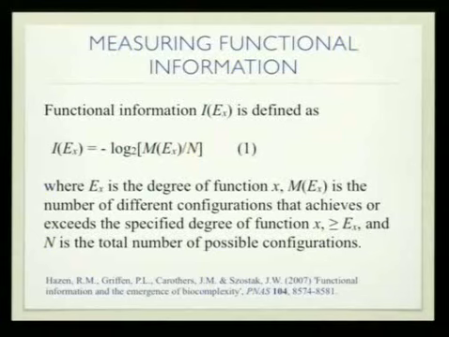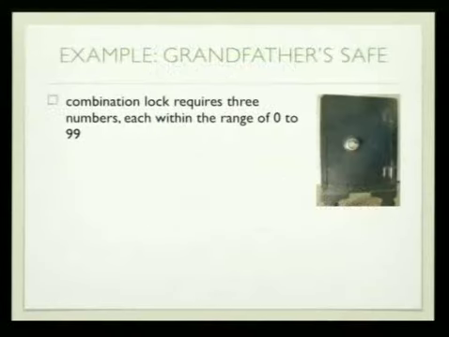But just to explain briefly, Ex is the degree of function required to produce the effect. M(Ex) is the number of different configurations that achieve that effect. And N is the total number of possible combinations, both functional and non-functional. Now let me give you an example to help clarify what they mean by this.